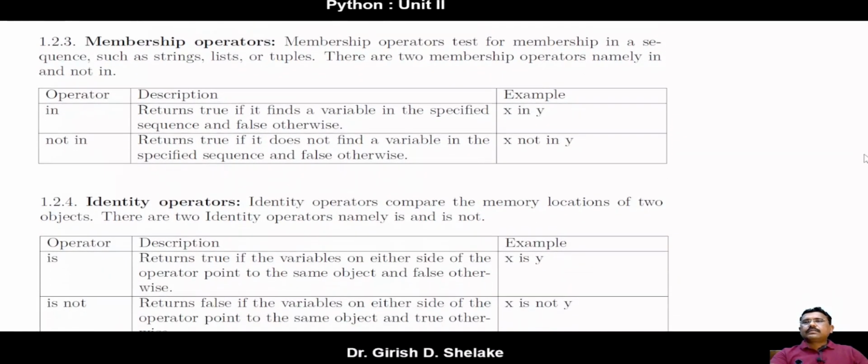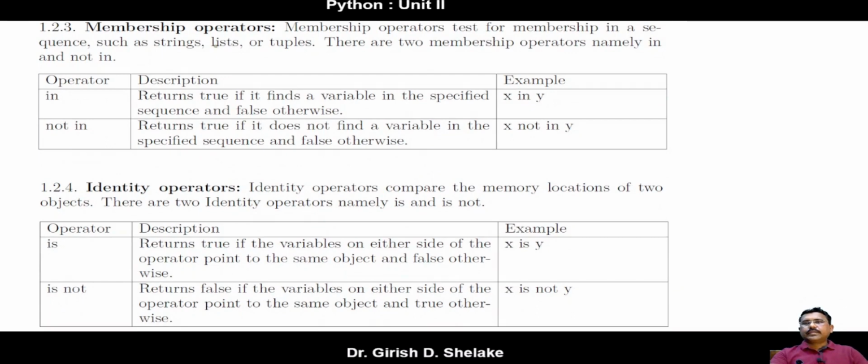We will consider another operator, which is the membership operator. The membership operator tests for membership in a sequence such as a string, list, or tuple. We'll see in detail what is meant by string, list, and tuple in the next practicals. There are two membership operators, namely in and not in.